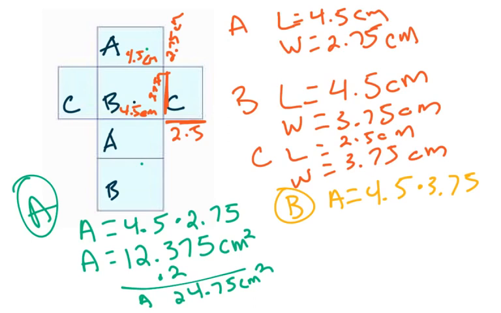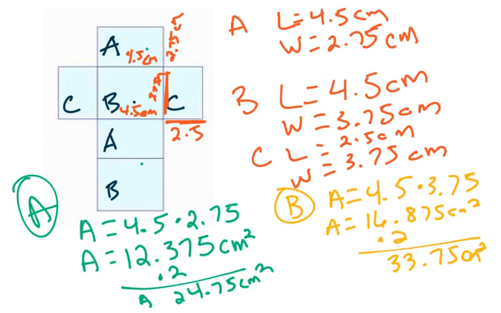My area is going to be equal to 16.875 centimeters squared. However, I have two B's. So multiply by 2 for a total area of 33.75 centimeters squared. So that was B.